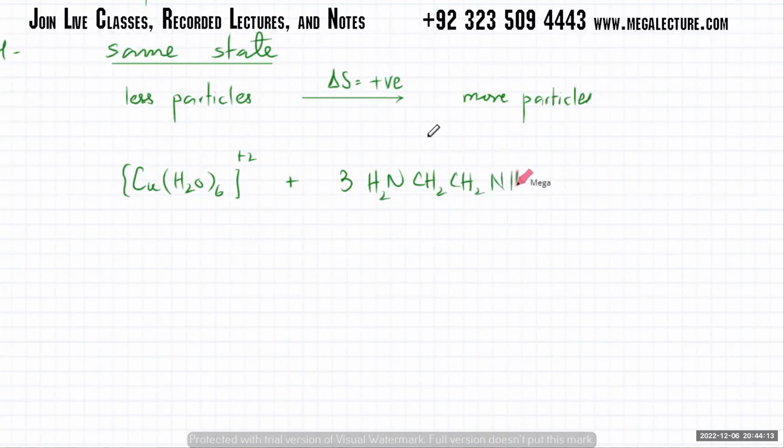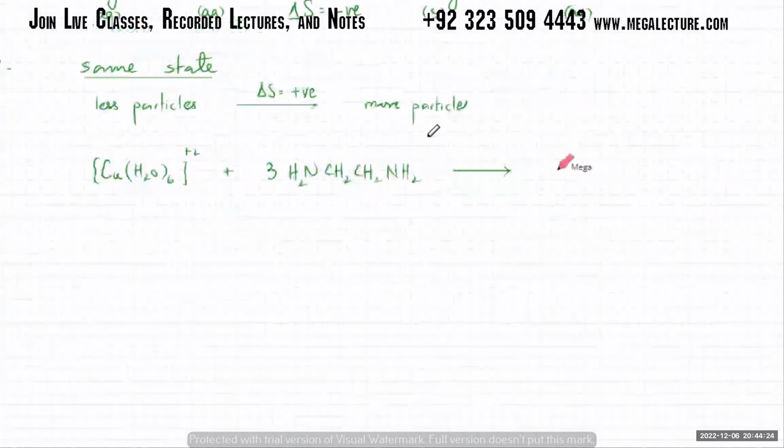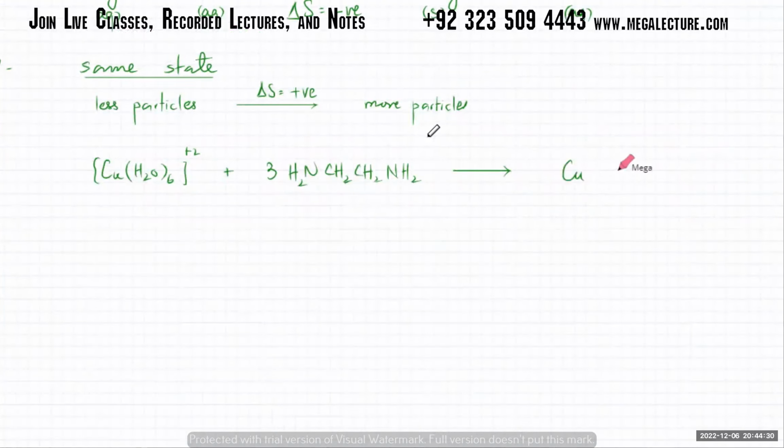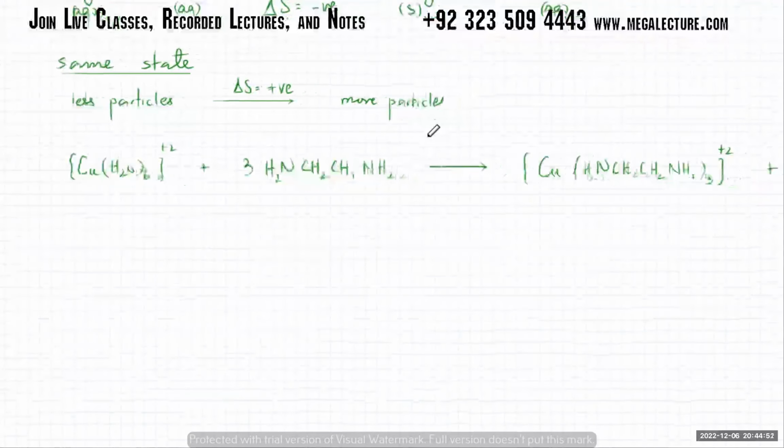Everything is happening in aqueous state. You add this substance and, let's say not a reversible reaction, let's say it's a one-sided reaction. It happens. And the water molecules get knocked out, and instead these 3 diamine molecules take their place. They join up and displace the water molecules that were with copper. And 6 water molecules get displaced.